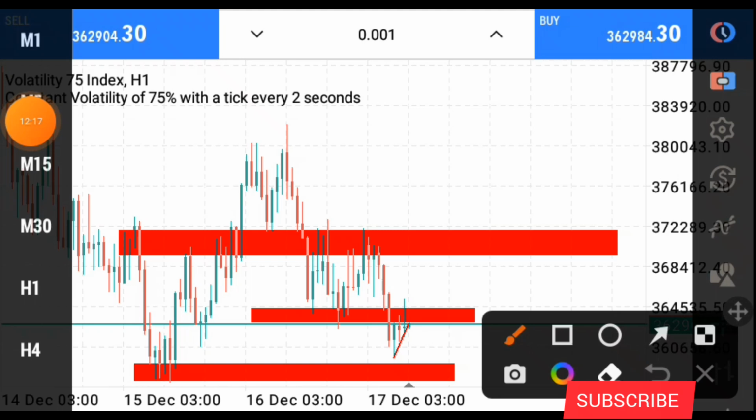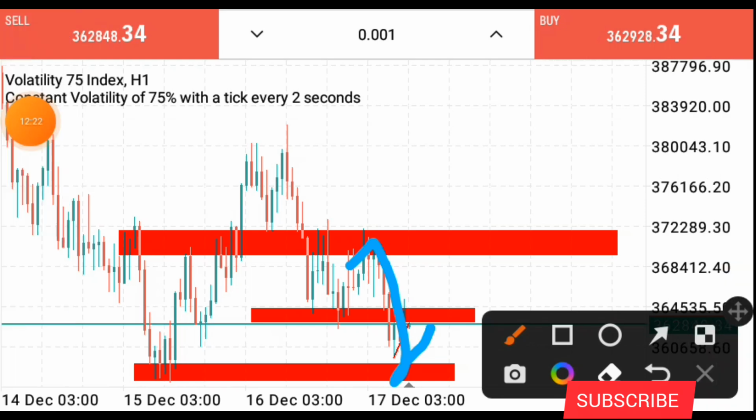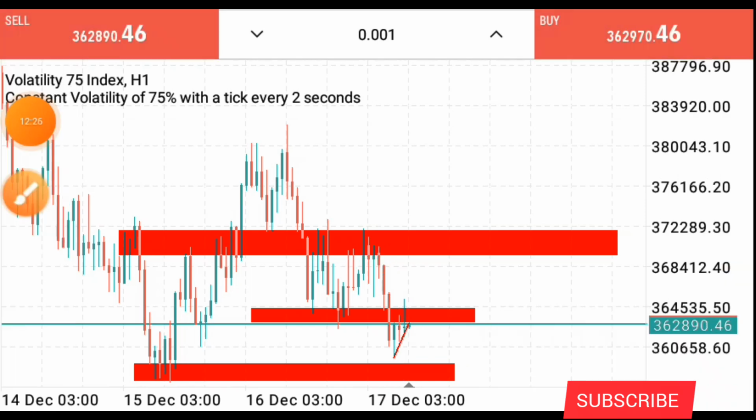Price was bounced down from this zone, it broke, and this is the retest. So the probability of price going down is higher than it's going up, based on what I'm seeing here. But you don't know, anything can happen. So if I'm to use only price and support and resistance zone, this is what I'm seeing.